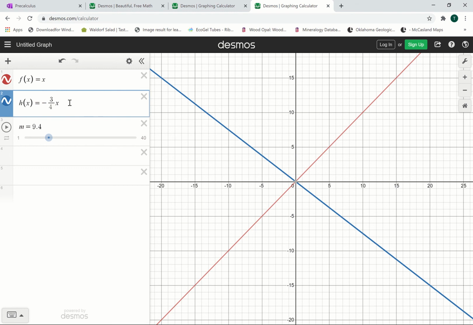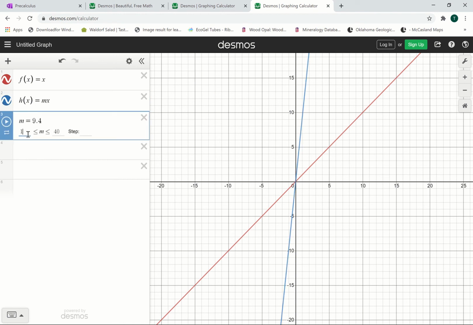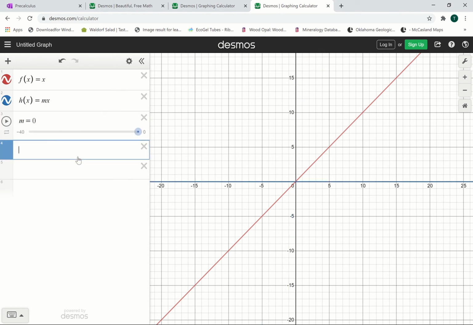So notice, and I'm going to actually back up here. We're going to talk about that negative. So I'm going to take m, and see what happens when m goes from negative 40 to 0. Notice that what happens is it flips.